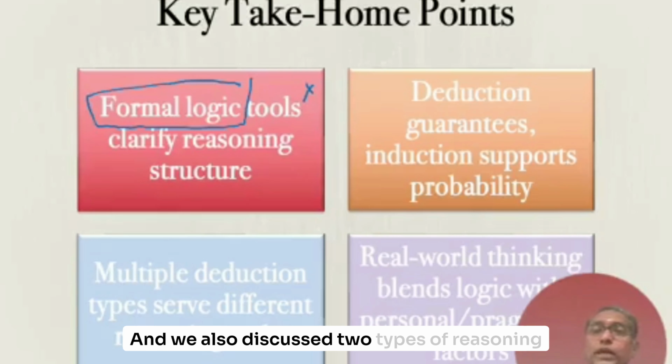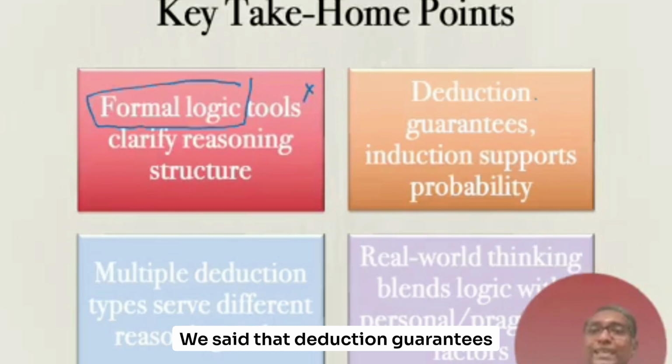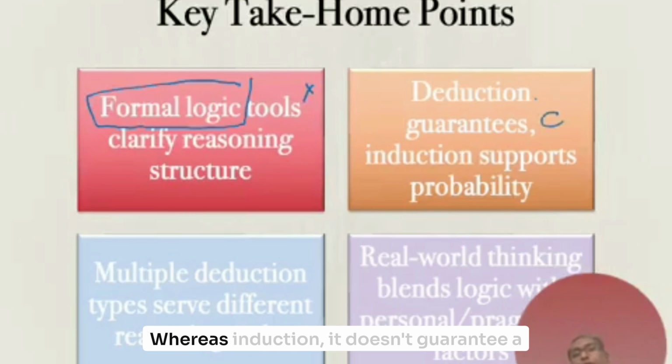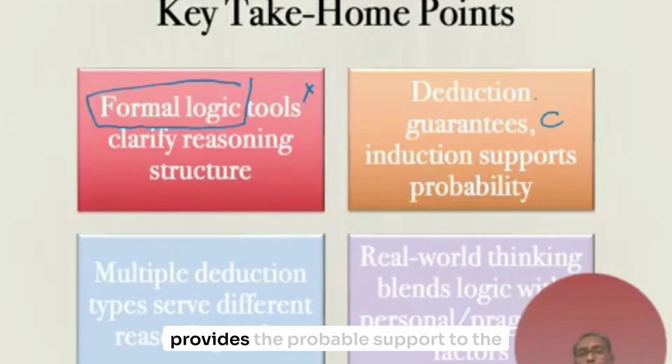We also discussed two types of reasoning: deduction and induction. Deduction guarantees the conclusion, whereas induction doesn't guarantee a conclusion, it supports the conclusion, or provides probable support to the conclusion.